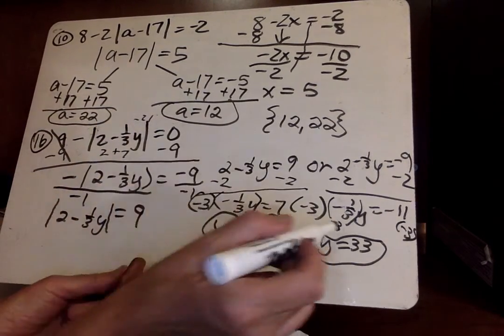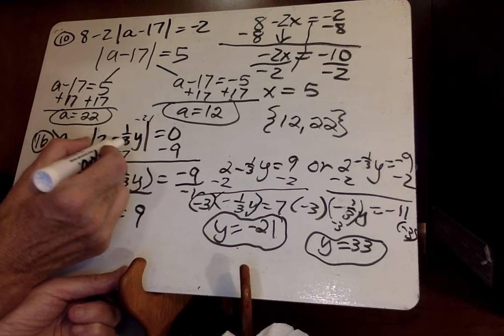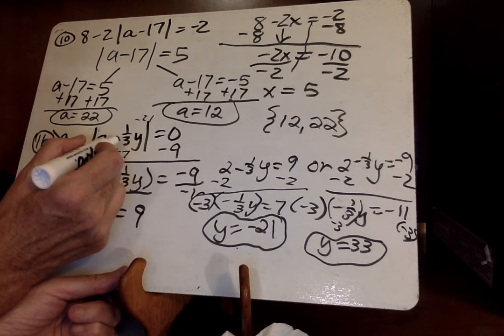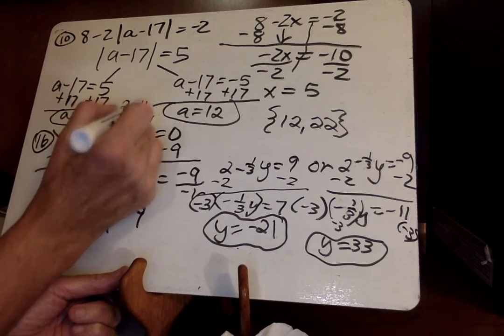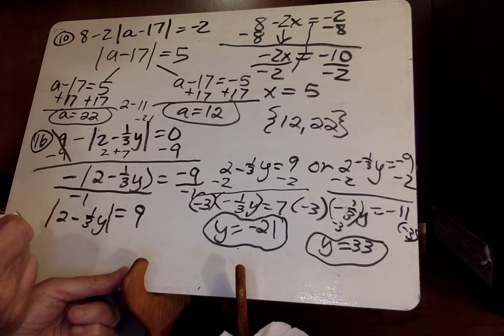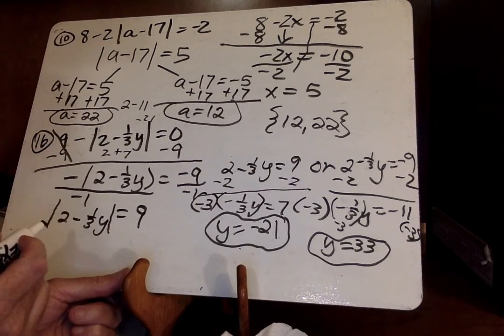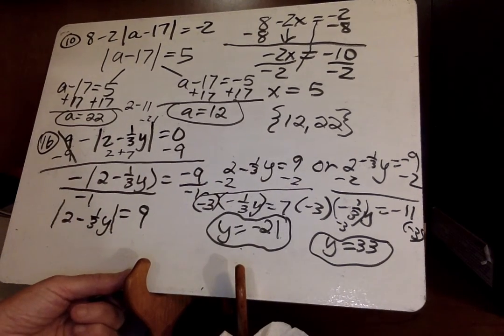So that worked. Now if I put 33 in there, 33 times negative 1/3 is negative 11. So 2 minus 11 is negative 9, absolute value of 9, 9 minus 9 equals 0. So I know I go through that pretty quickly, but it's a way to double check your answers. Okay? Good luck. Students, you rock.